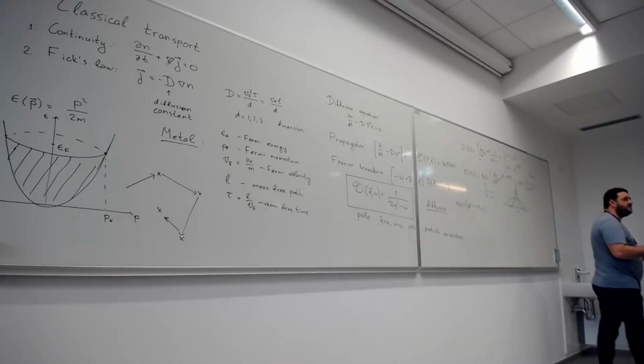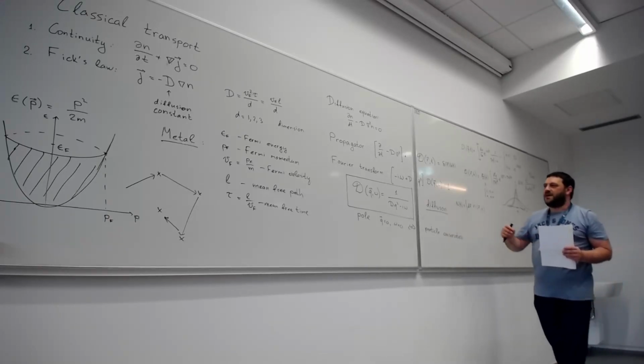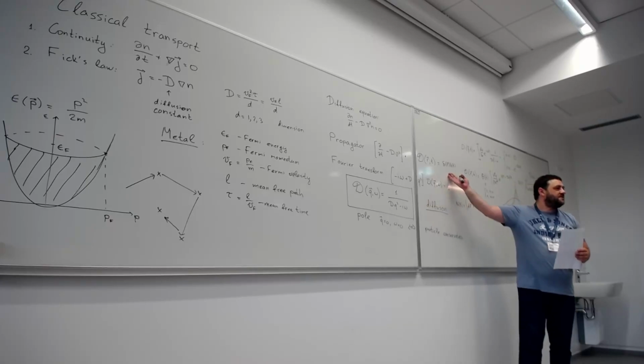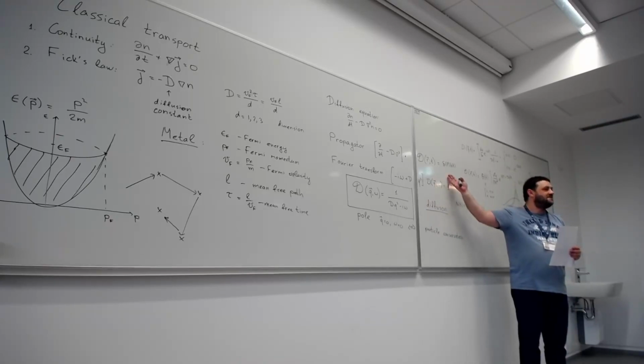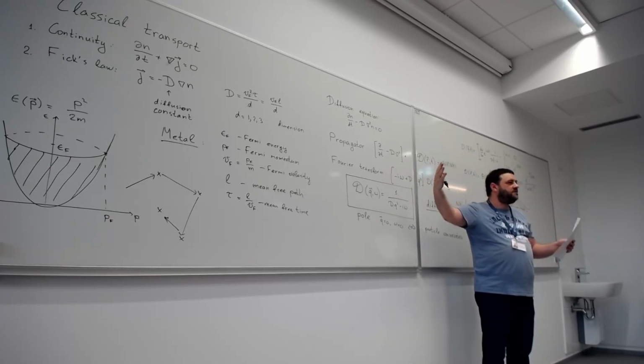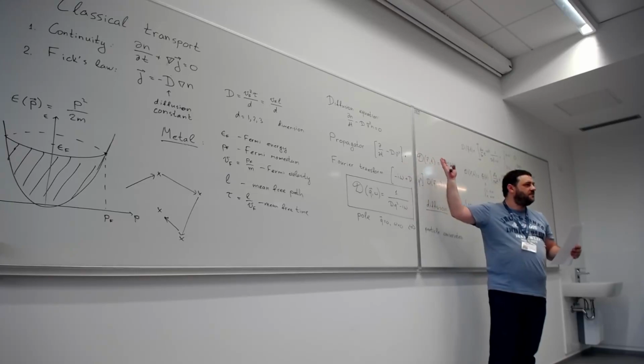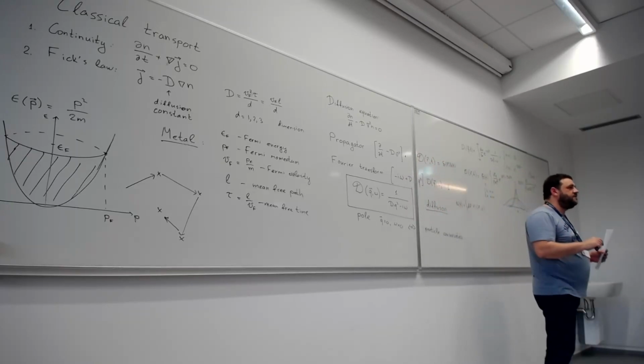Any other questions? Yeah. Could you explain the step again, how you get from the diffusion equation to the propagator? I just replaced 0 in the right-hand side with the delta function. It's more the definition. A propagator is a solution of the uniform equation where the right-hand side is replaced with the delta function.